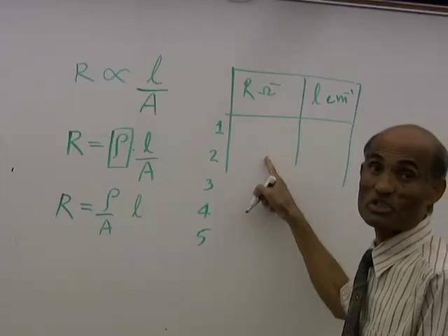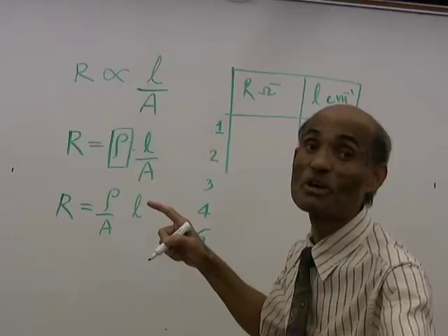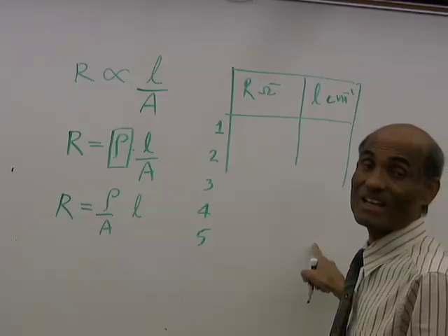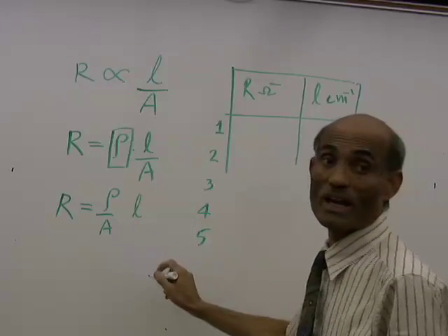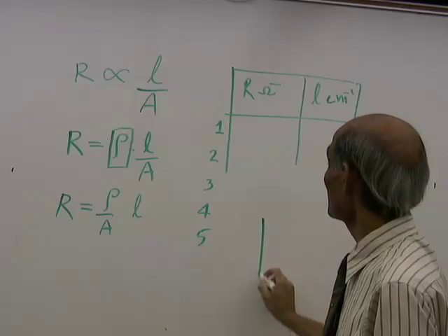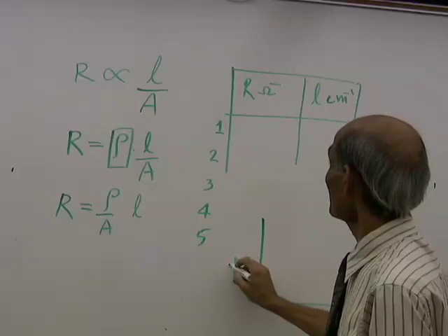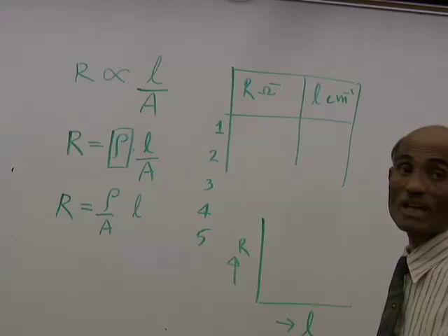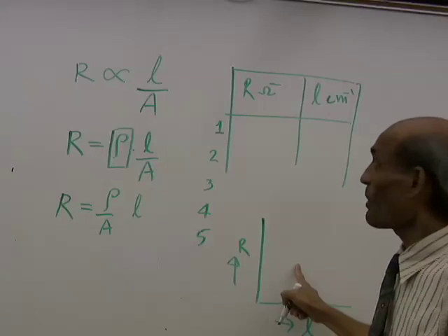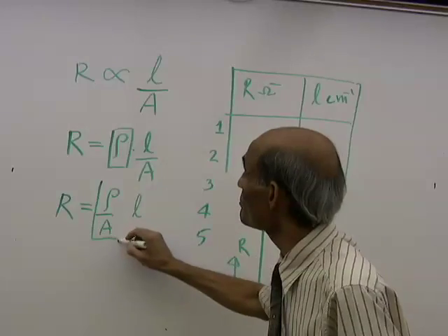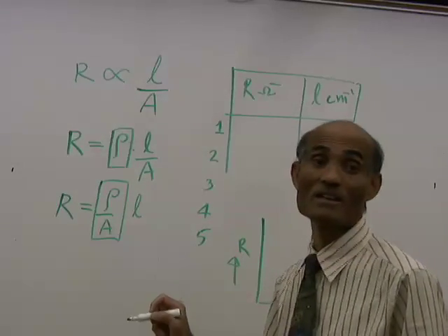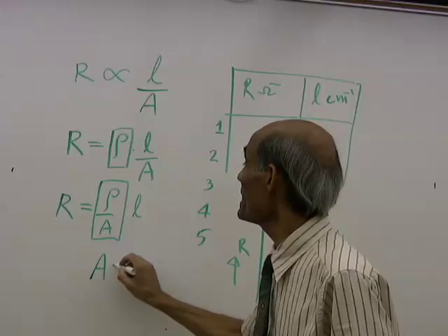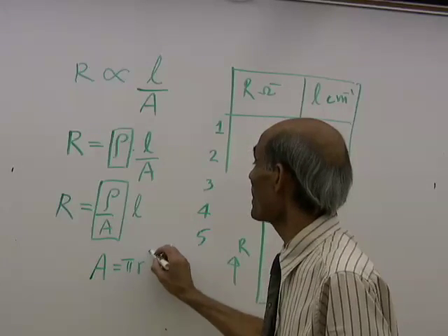You have the resistances that you have measured in the first part of the experiment, and each conductor has a length. You will draw a graph of, what kind of graph you will draw? Resistance on the y-axis and length on the x-axis. The slope of this graph will be rho divided by A. And you know A because A equal to pi r squared.